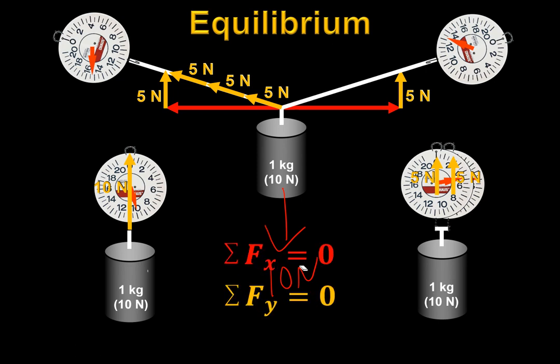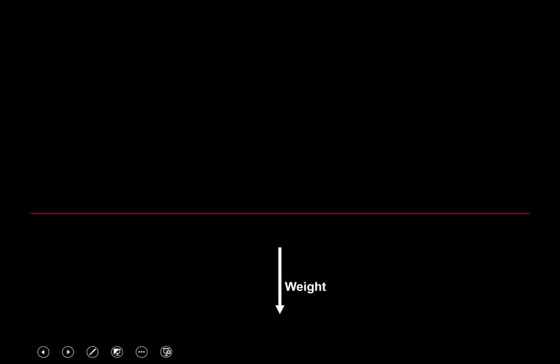So your net force in the x direction is 0 because this balances this, and your net force in the y is 0 because these two balance the one going down. So if you have a weight going down, when you have one that's counteracting straight up, it's going to be that same weight.